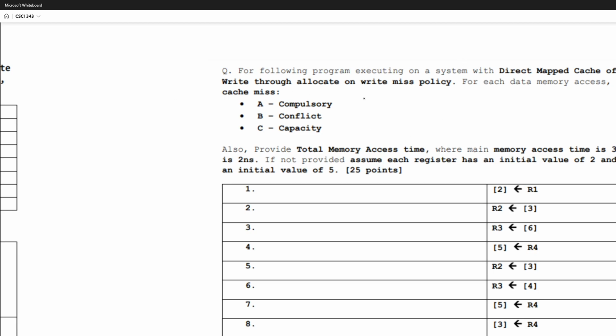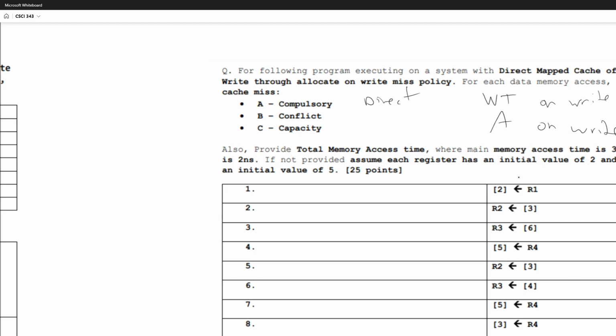Okay, so direct... write through on write miss. You didn't say what happens on a... Oh, sorry. Write through on write hit, and then allocate on write miss. So write through on write hit, allocate on write miss.